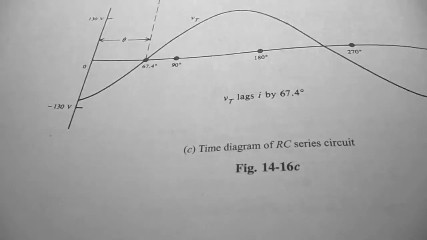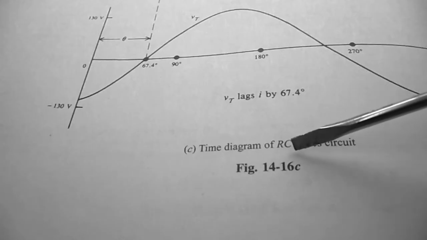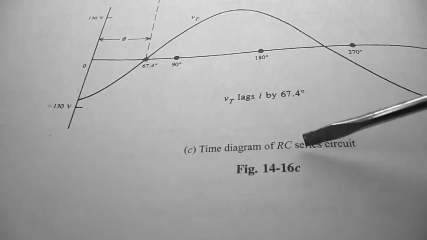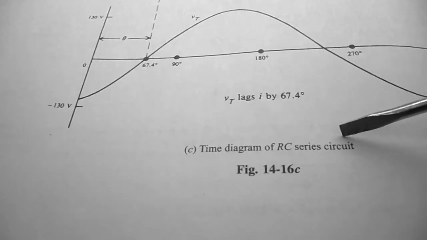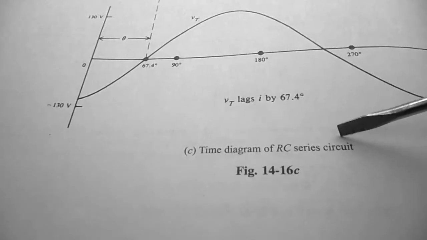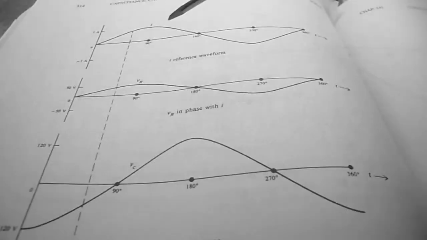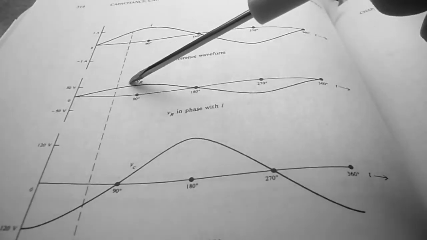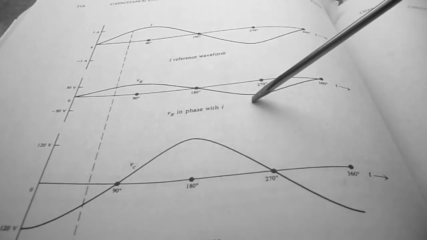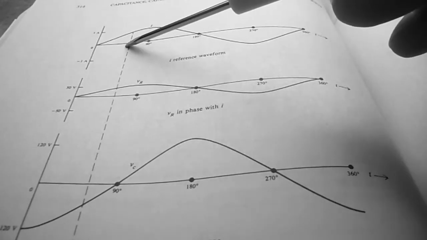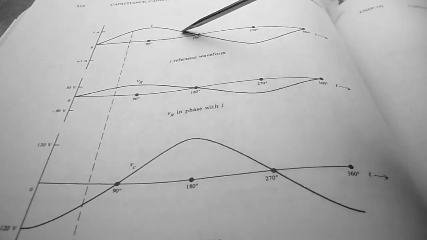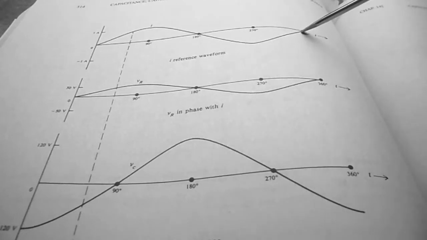In Sherman's Outlines, Basic Electricity, figure 14-16C is the time diagram of an RC series circuit, like we're going to be building today. I just want to remind everybody that VR, the voltage across the resistor, and the current share the same phase.